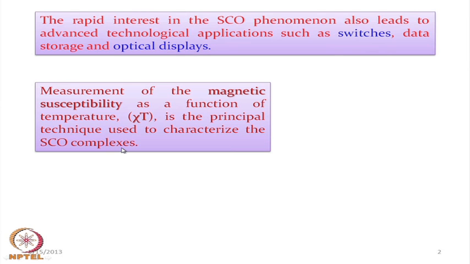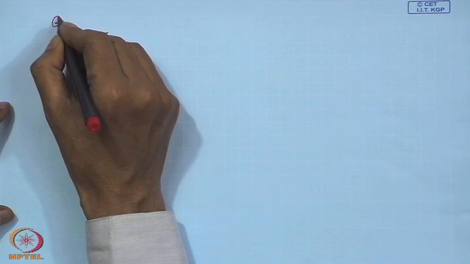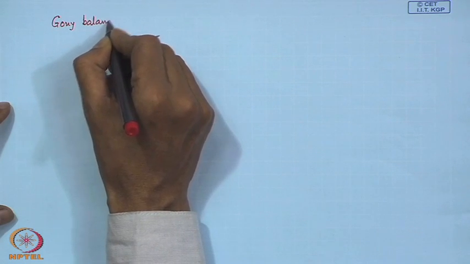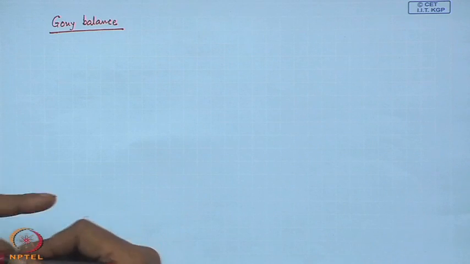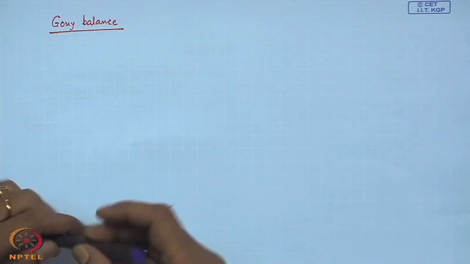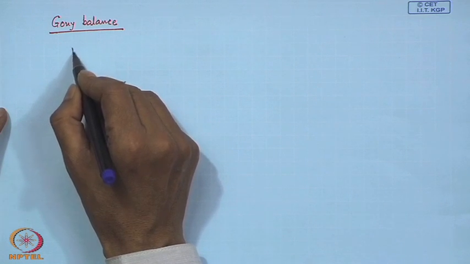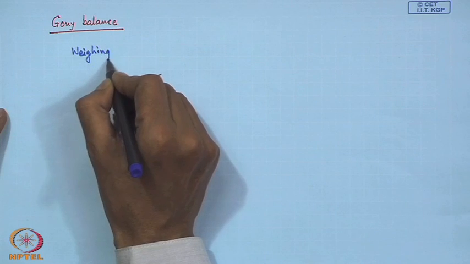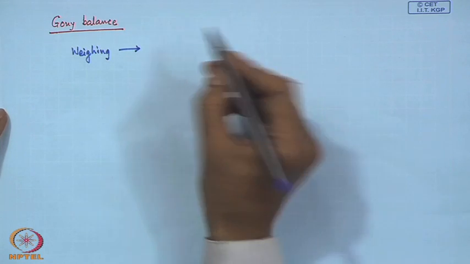So, the susceptibility that we can determine using some Gouy balance. Homemade Gouy balances are there. That was the oldest technique where people could measure the corresponding magnetic moment values. It is nothing but the weighing of the sample. There are several steps over there.